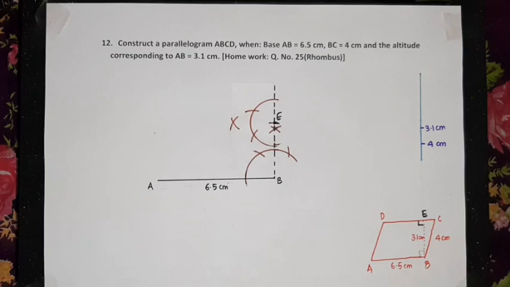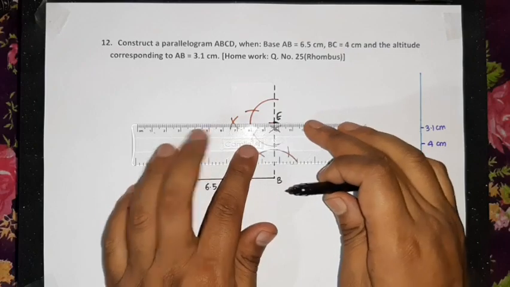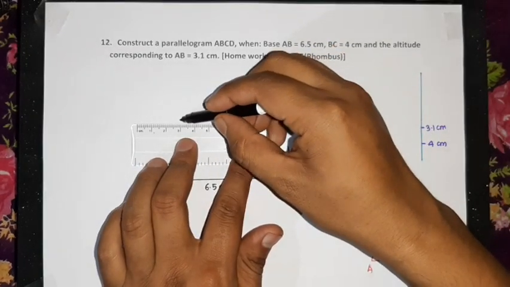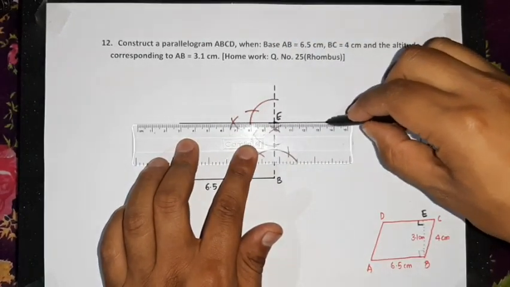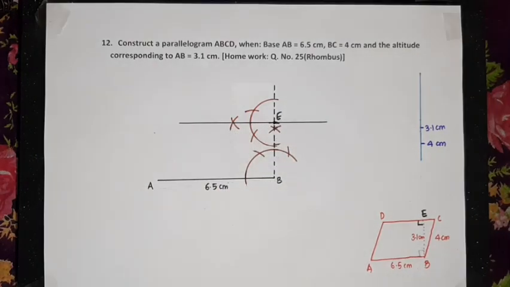Now I need to join this E and this point of intersection. Let me join them and extend it. After extending, I have to draw BC whose measurement is 4.